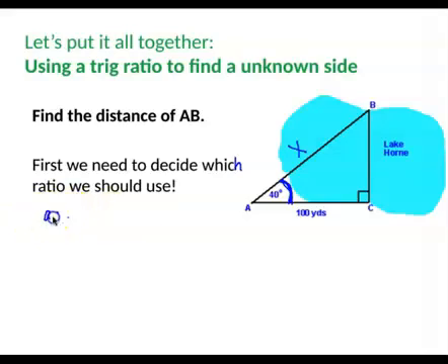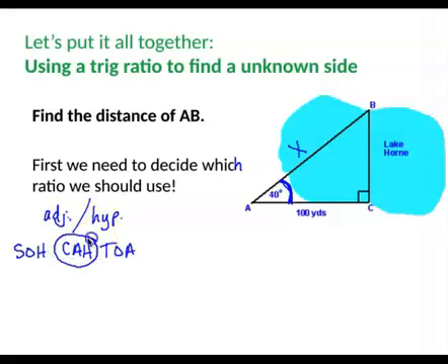So when we've got the adjacent and the hypotenuse, which trig ratio uses those? I always think, okay, we've got SO and we've got CA and we've got TOA. Which one uses the adjacent and the hypotenuse? CA. So we're going to use cosine. To solve this, we would say the cosine of 40.